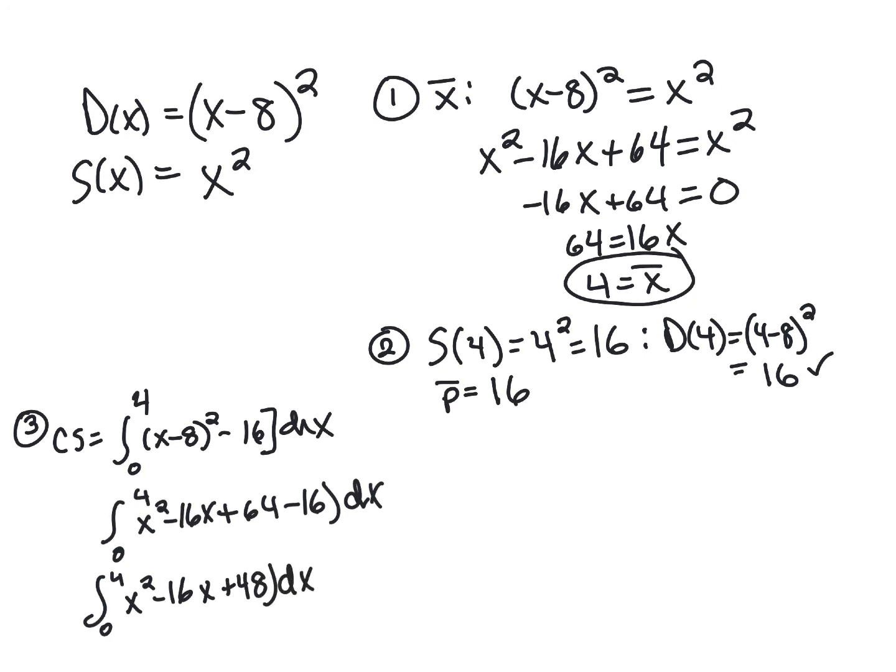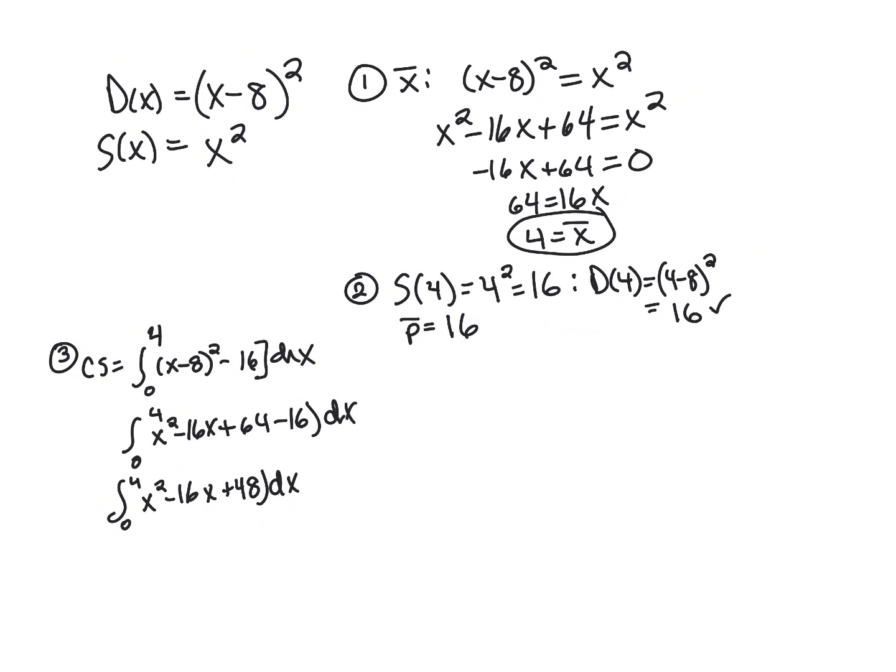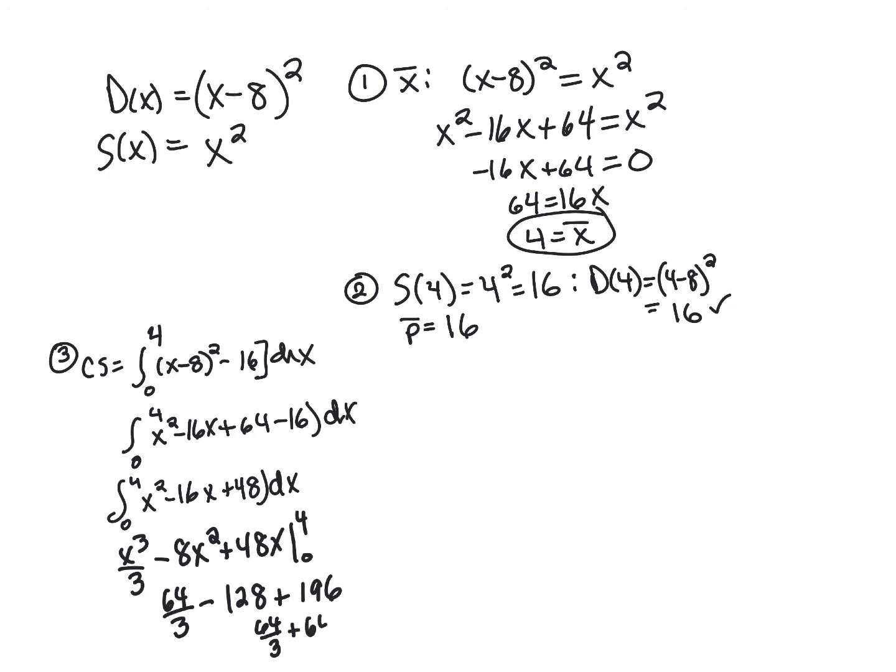Integrate using the power rule and evaluate from 0 to 4. We're going to get 64 over 3 minus 8 times 16 plus 48 times 4. 196 minus 128 gives me positive 64.